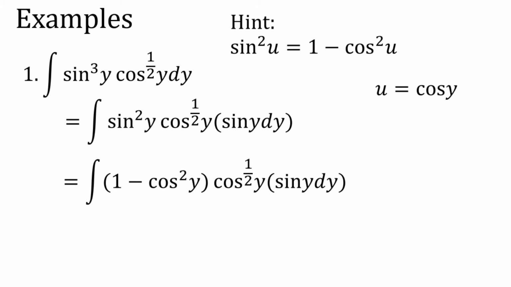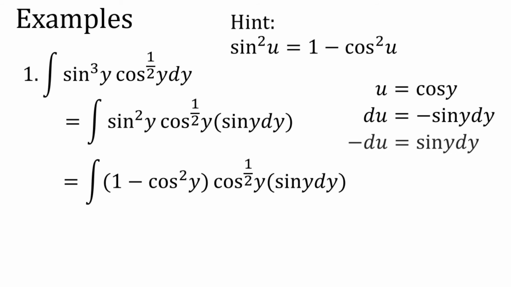And then let us represent u. Let u be equal to cosine y. And get the du. du is equal to negative sine y dy. So since we only have sine y dy there, let us express it as negative du equals sine y dy.